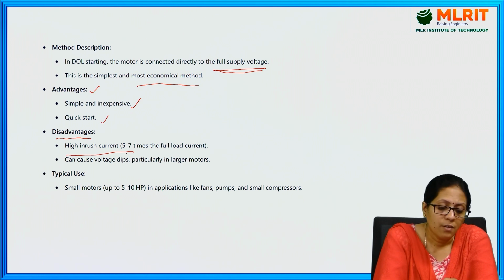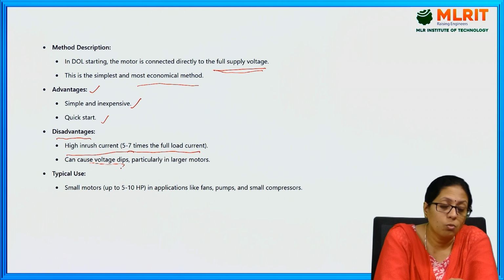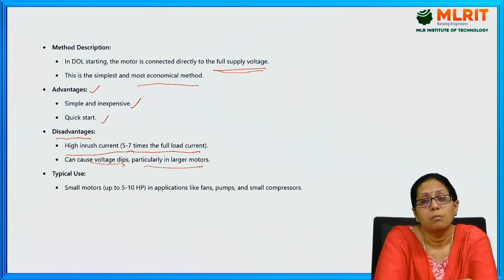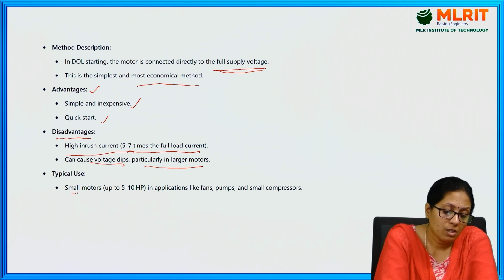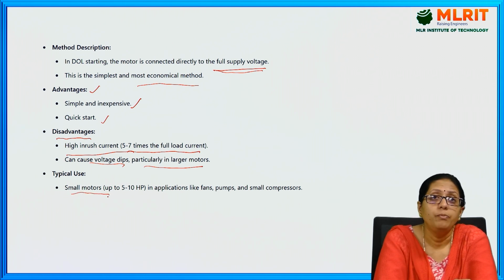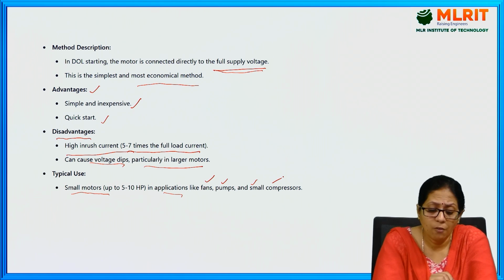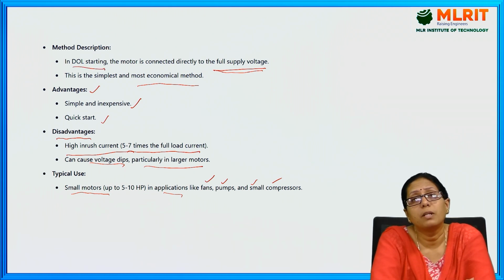As I said, 5 to 7 times the full load current, which can cause voltage dips, particularly for larger motors, meaning motors with more capacity. This is used mostly for small motors in small applications like fans, pumps, and small compressors. For small loads, we will be using this DOL type of starting for a particular motor.